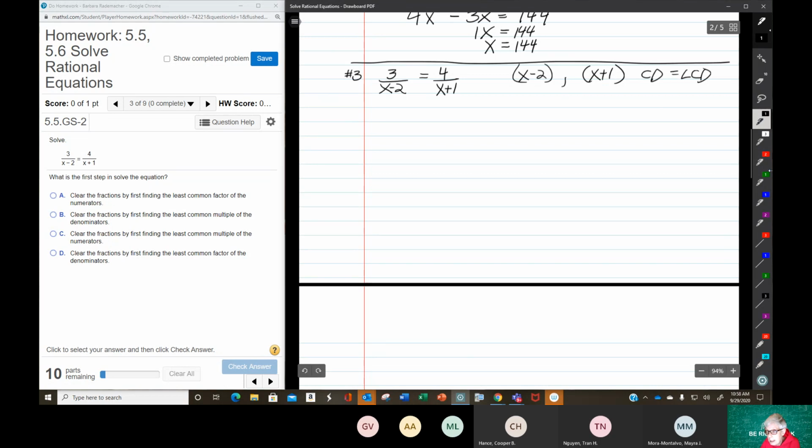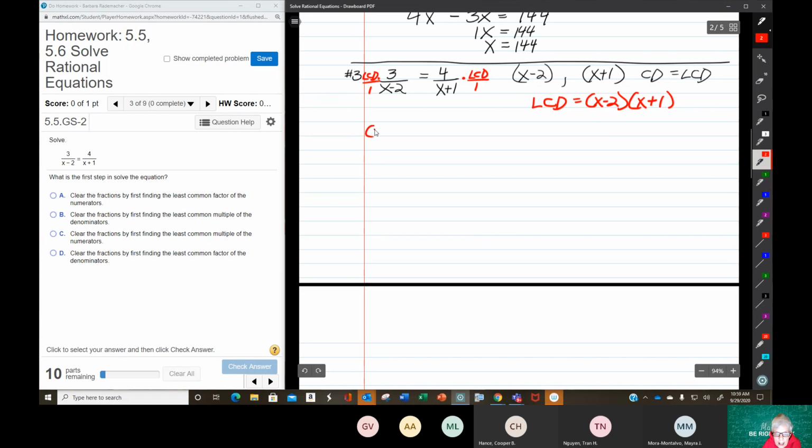And my LCD, while we're at it, is going to be x minus 2 times x plus 1, or if you wrote it, x plus 1 times x minus 2, that's exactly the same thing. Okay, let us go.